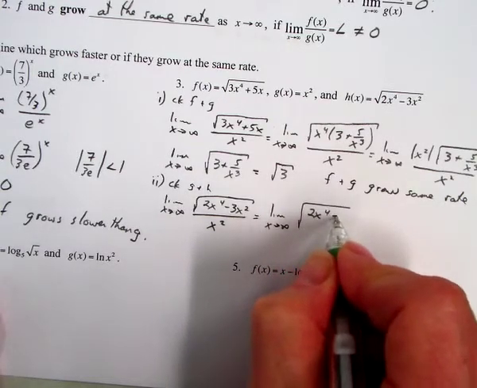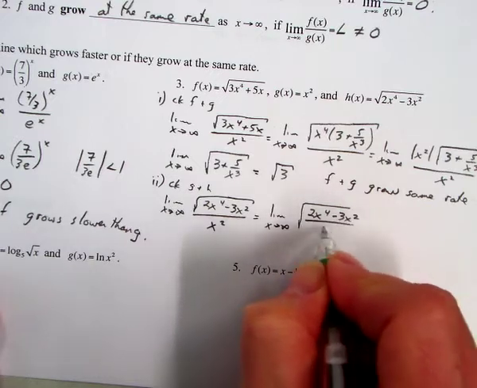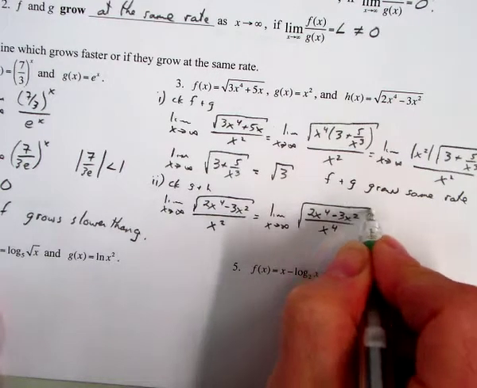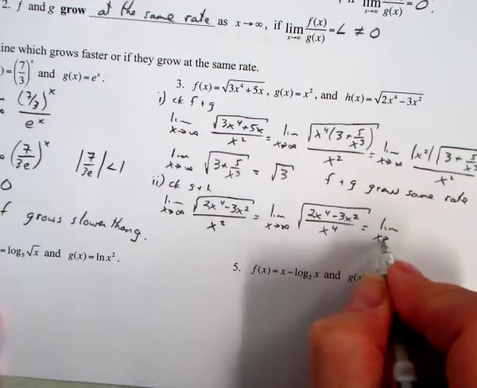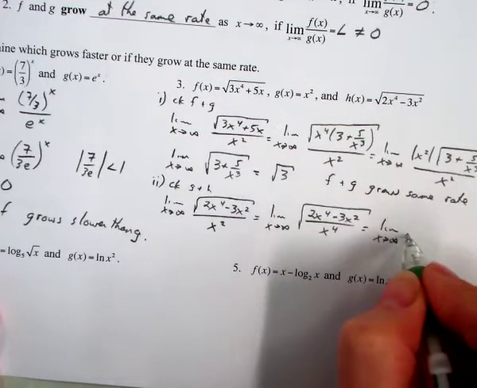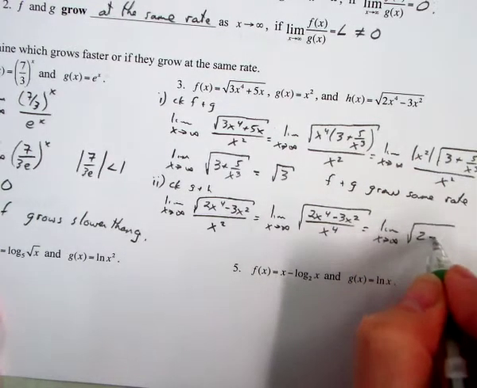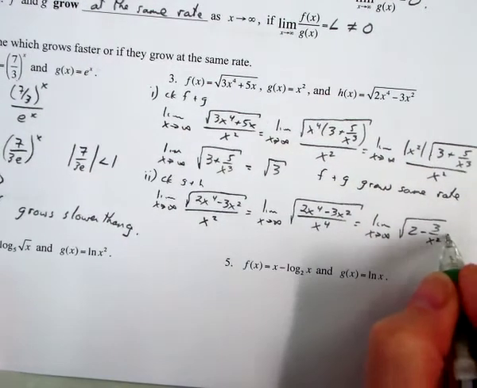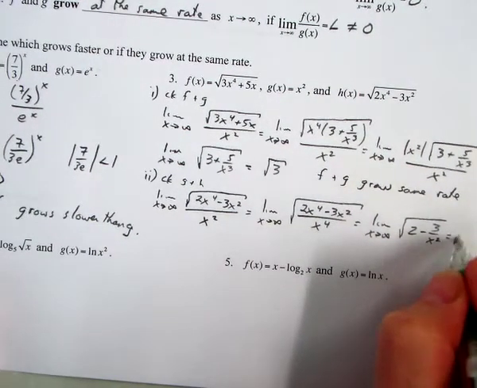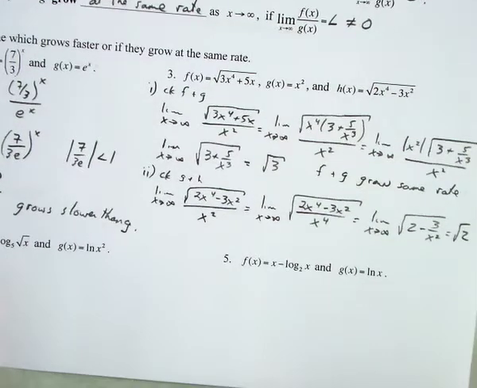2x to the 4th minus 3x squared, all divided by x to the 4th. So that is the limit as x goes to infinity of, go ahead and do that division, 2 minus 3 over x squared, and that will equal the square root of 2. So what does that mean?